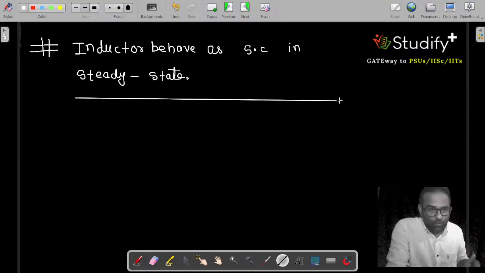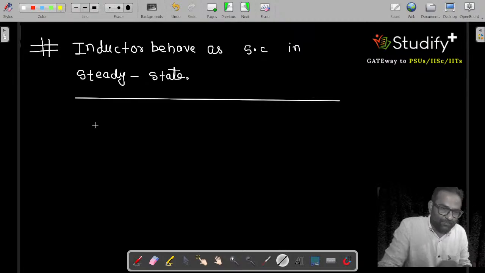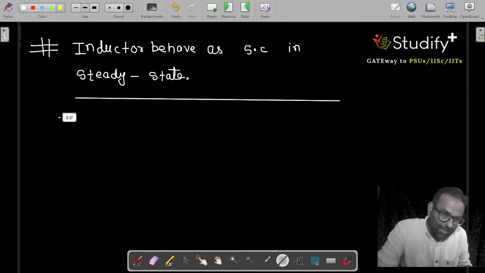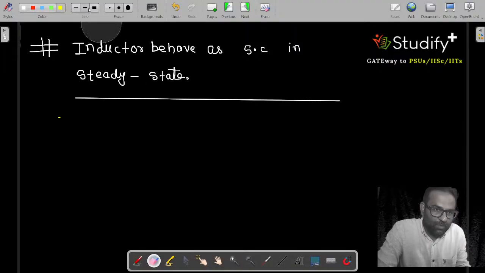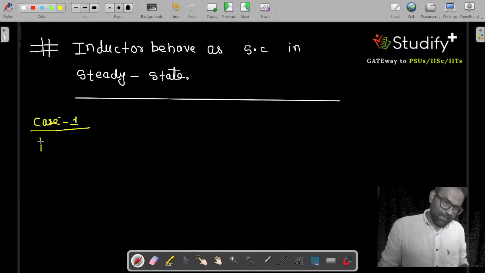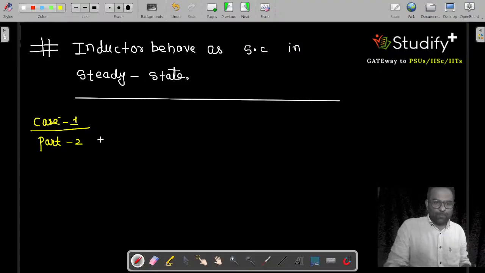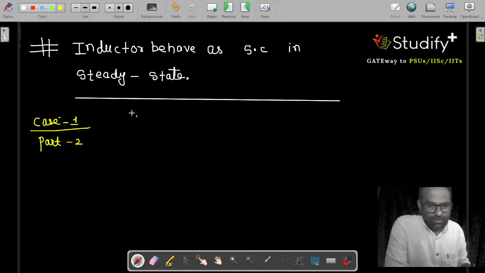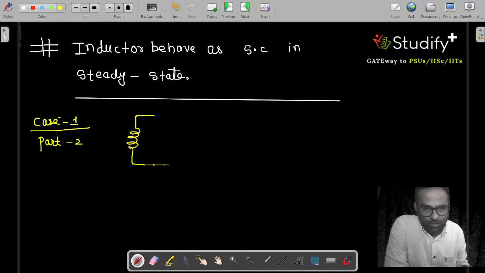Suppose this is one inductor, case 1 part 2. We will connect all the points. Suppose I have that inductor and this inductor is connected to a load.